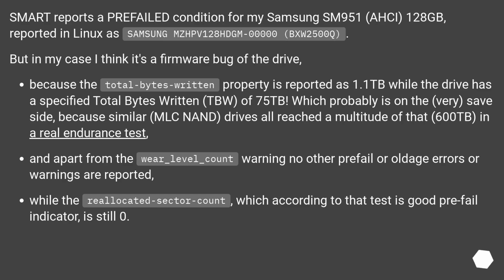Which probably is on the very safe side, because similar MLC NAND drives all reached a multiple of that, 600 TB, in a real endurance test. And apart from the Wear_Leveling_Count warning, no other pre-fail or old-age errors or warnings are reported, while the reallocated sector count, which according to that test is a good pre-fail indicator, is still 0.